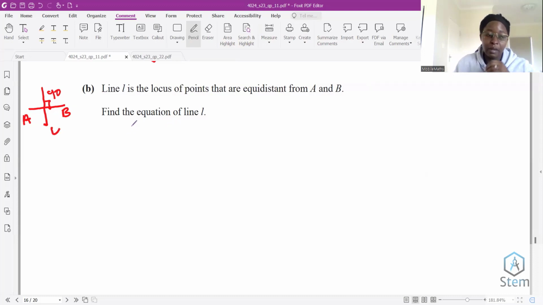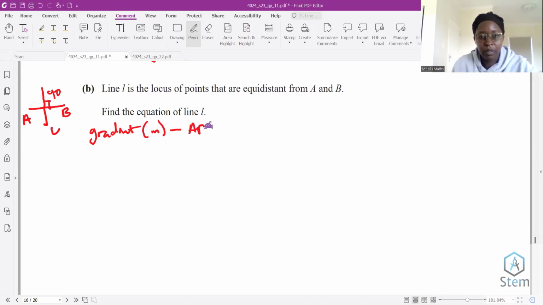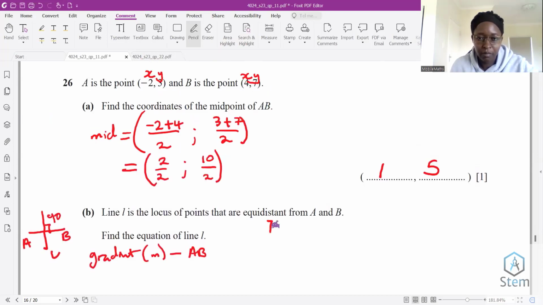Basically, we have to find the gradient of AB. So let's start finding the gradient M of AB. The gradient is going to be equal to, I can take 7 minus 3 over 4 minus minus 2.